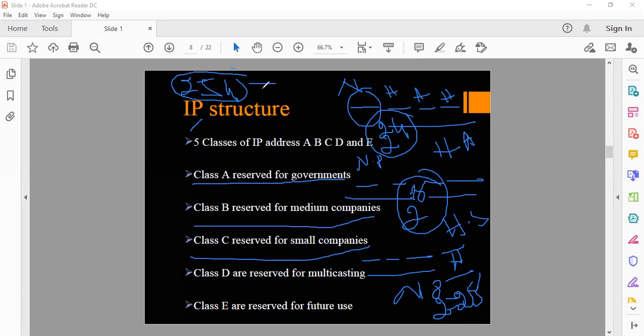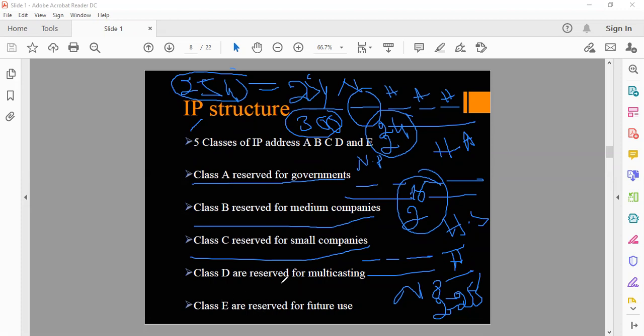In that case you can use class C addressing. If the number of hosts increases beyond 254, say you have 300 nodes, then you will use class B addressing.